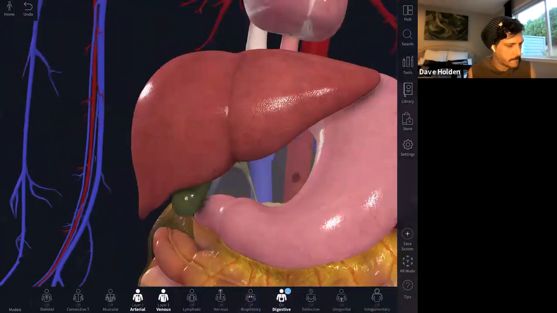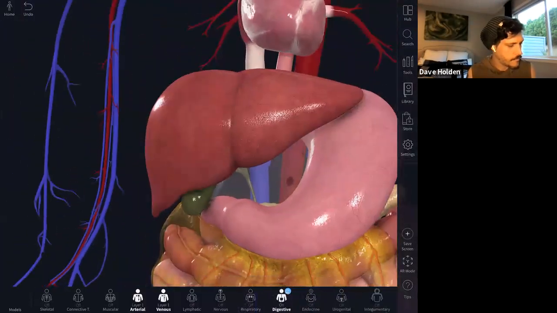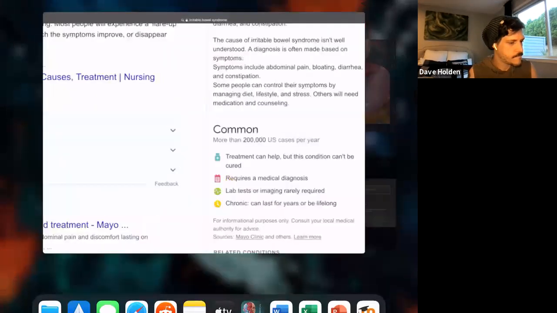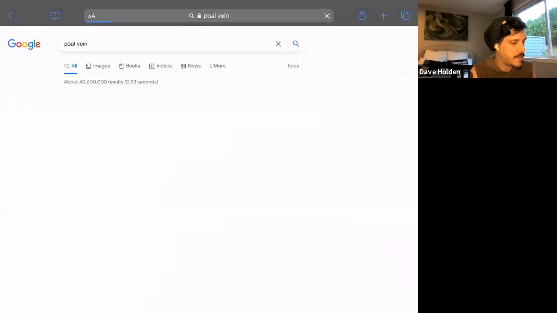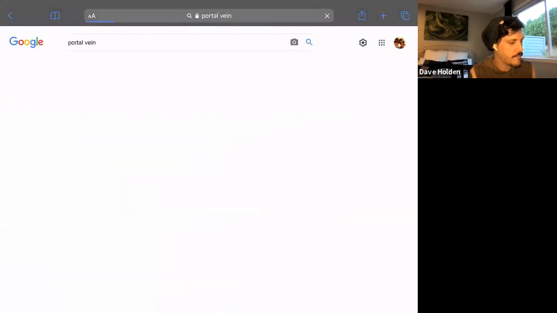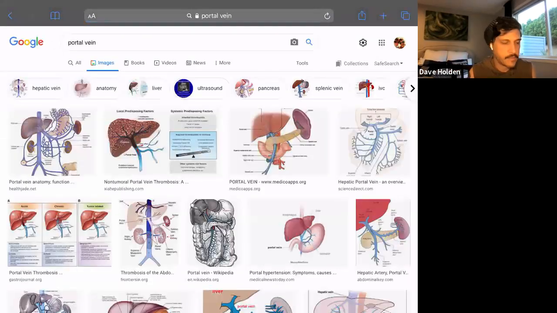Oh, that's not what I'm looking for. I'm looking for the portal vein. If I could find it on my anatomy app, that would be it.